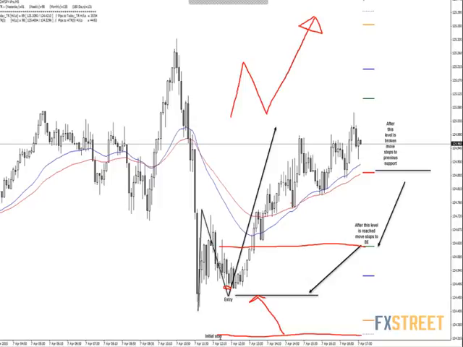When this level was broken, I can move my stop loss here, waiting for another level to be hit. So you can go for some 30 to 35 pips using this technique. So guys, this is the technique which I use for turning scalps into intraday positions.